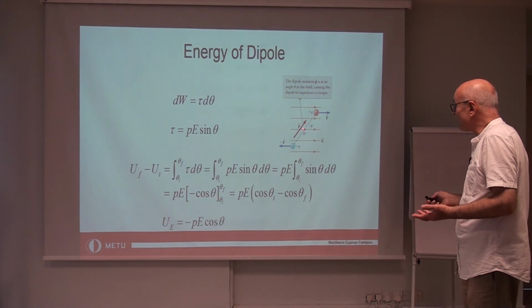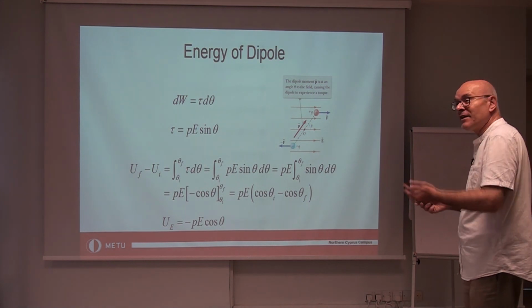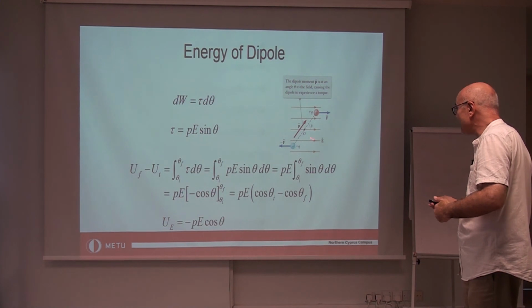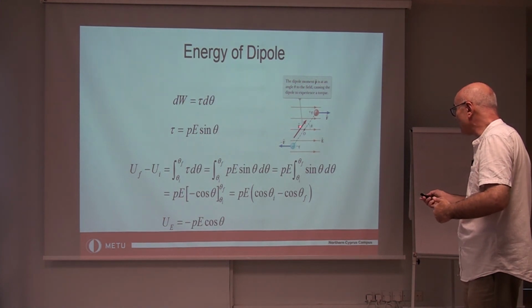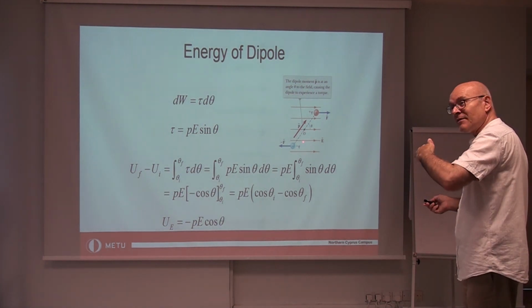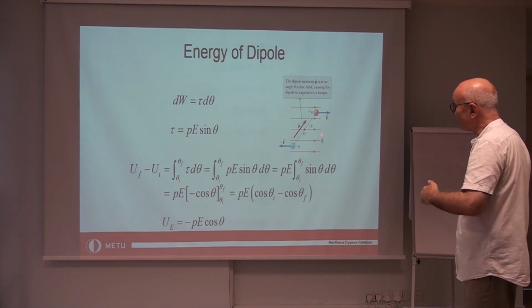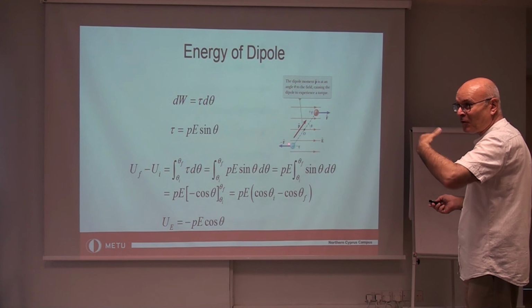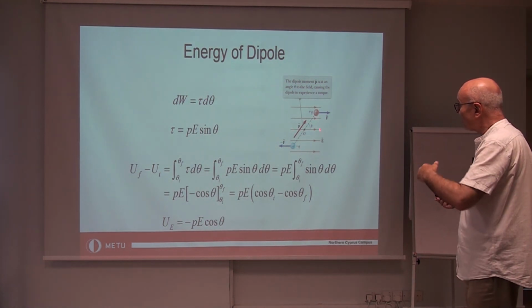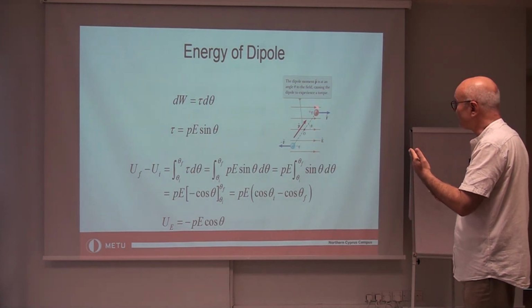As it continues moving, it will slow down until it stops somewhere here, where its kinetic energy will be 0, but it has potential energy. And it will rotate again in this direction, because the direction of the torque will be reversed as it crosses this line. And then it will come back and reach this point where it will stop again, because all the kinetic energy will be depleted, and so on and so forth.